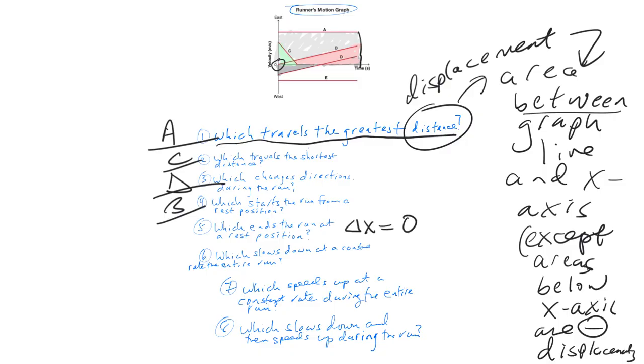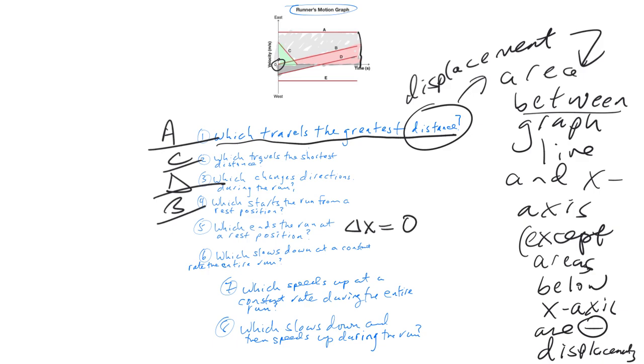Areas above are positive displacements. So really it doesn't matter if it's above or below if you're talking about the total distance traveled. It only matters if you're talking about displacement.